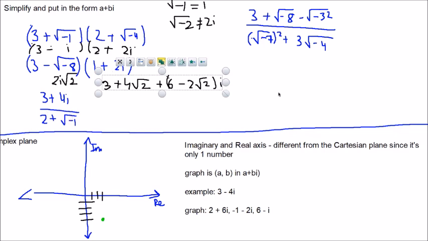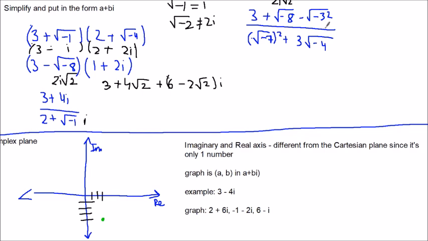This one's pretty simple. 2 plus square root of -1, square root of -1 is just i. So you can work that by yourself. 3 plus square root of -8 minus square root of -32. Well, square root of -8 we've already established is 2i square root of 2.